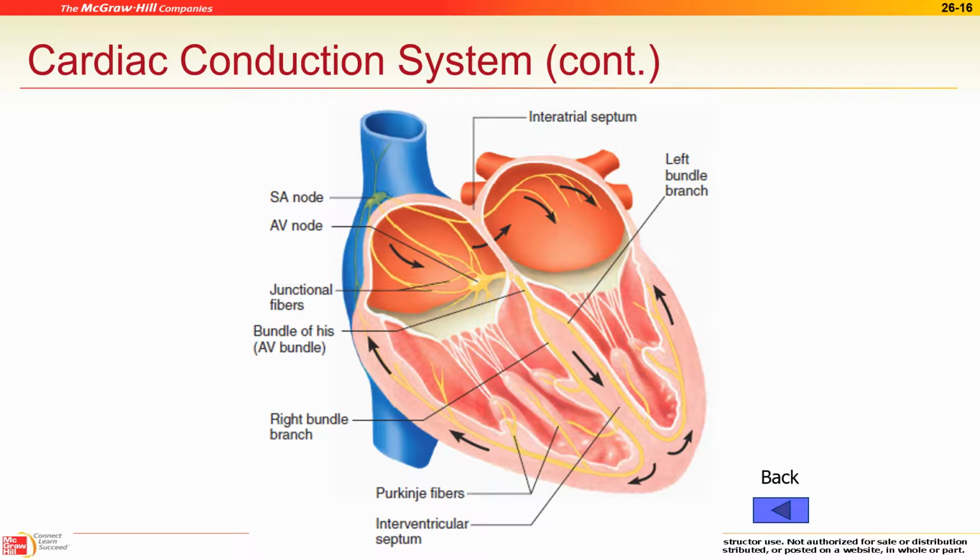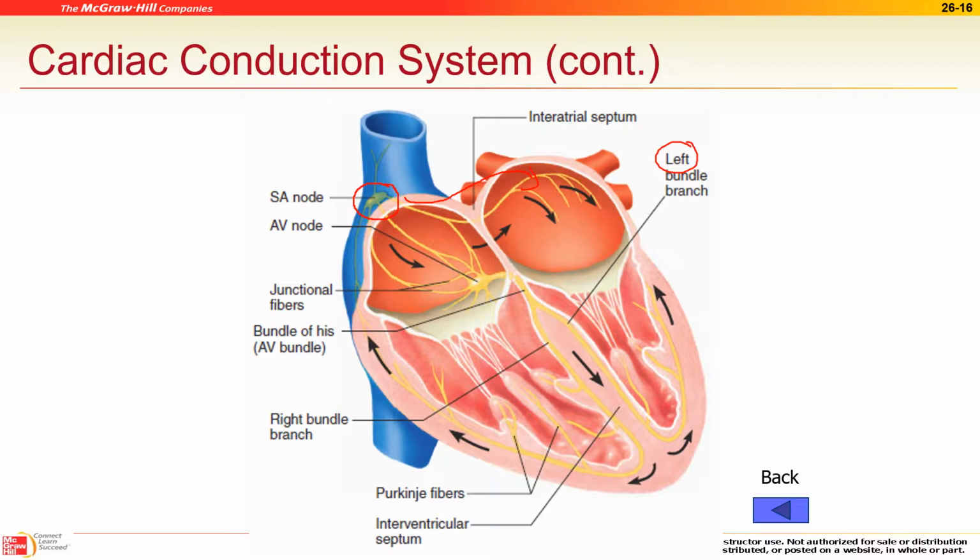So here is your pacemaker. You have special cells that generate that electrical charge, and they need to communicate with the left side. So the right side and the left side need to contract at the same time.